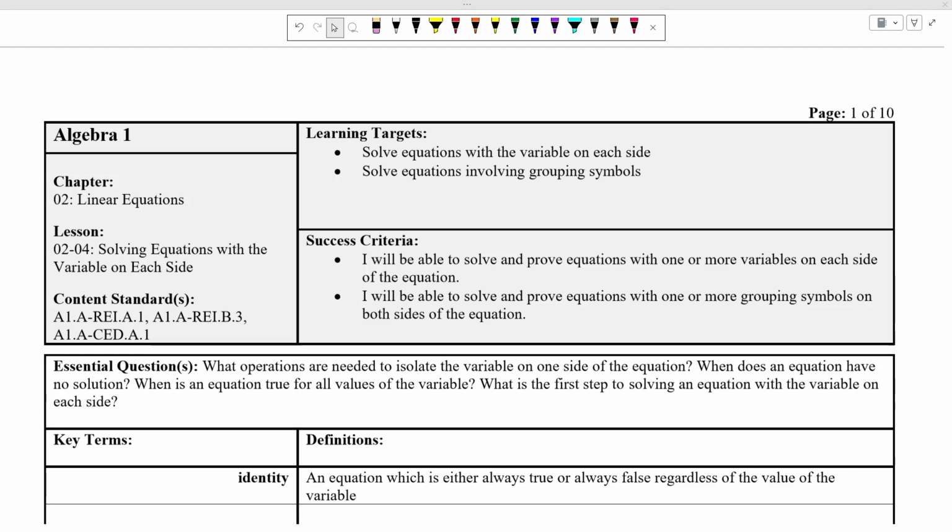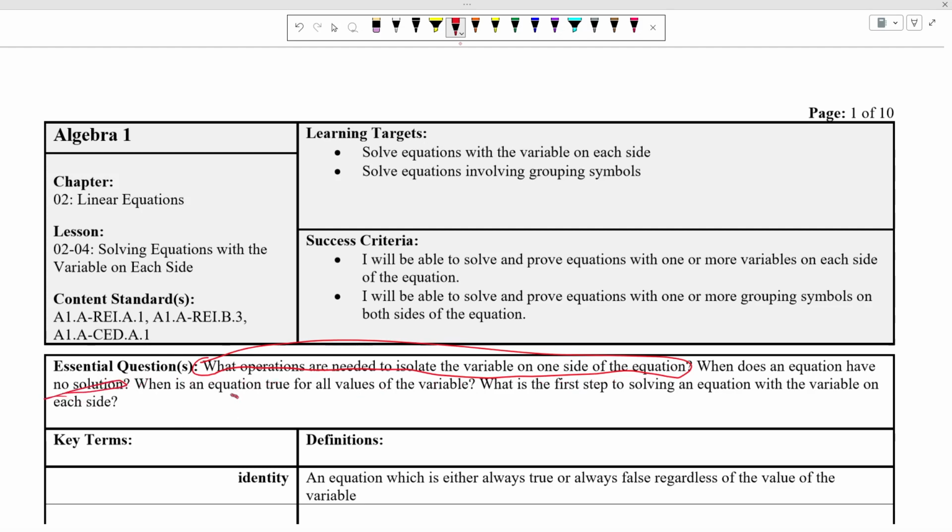So let us consider the journey today, and keep these key questions in mind as they will guide us. What operations are needed to isolate the variable on one side of the equation? When does an equation have no solution?